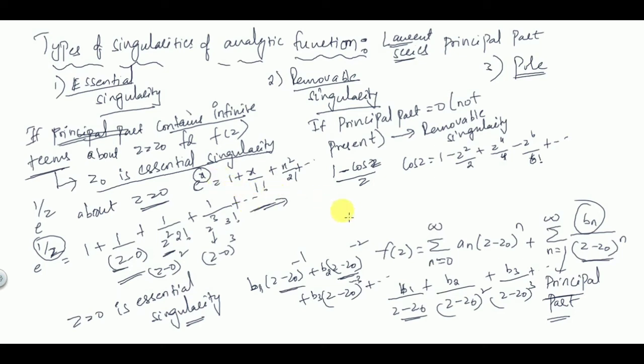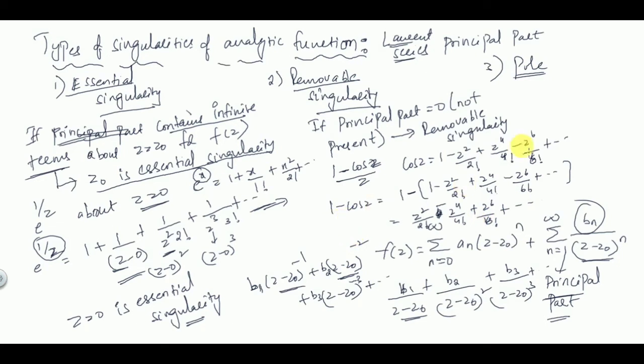So 1 minus cos z is 1 minus of (1 minus z square by 2 factorial plus z to the power of 4 by 4 factorial minus z to the power of 6 by 6 factorial plus so on). So 1 minus 1 is 0, so you'll get z square by 2 factorial minus z to the power of 4 by 4 factorial plus z power 6 by 6 factorial minus so on.